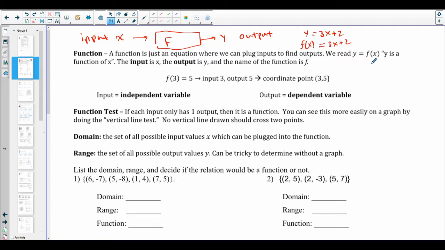Note that when we see this f parentheses x, we read it f of x. This is not f times x.